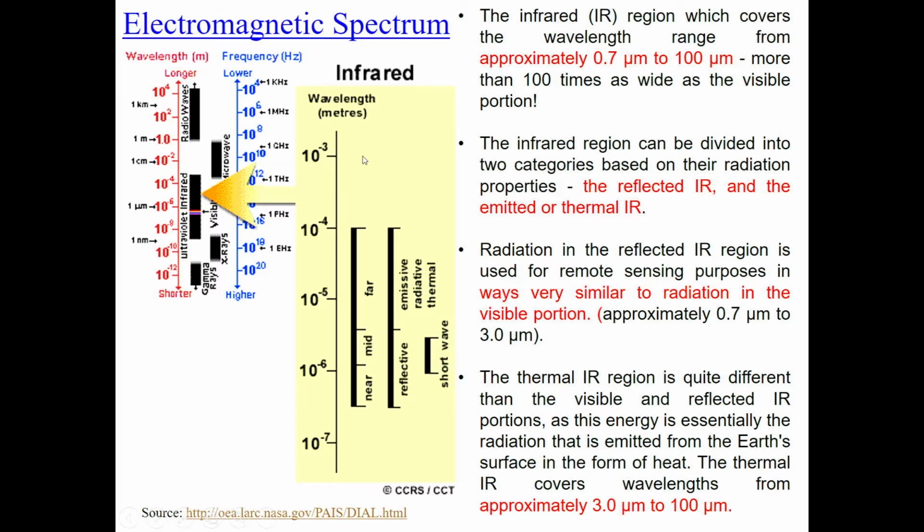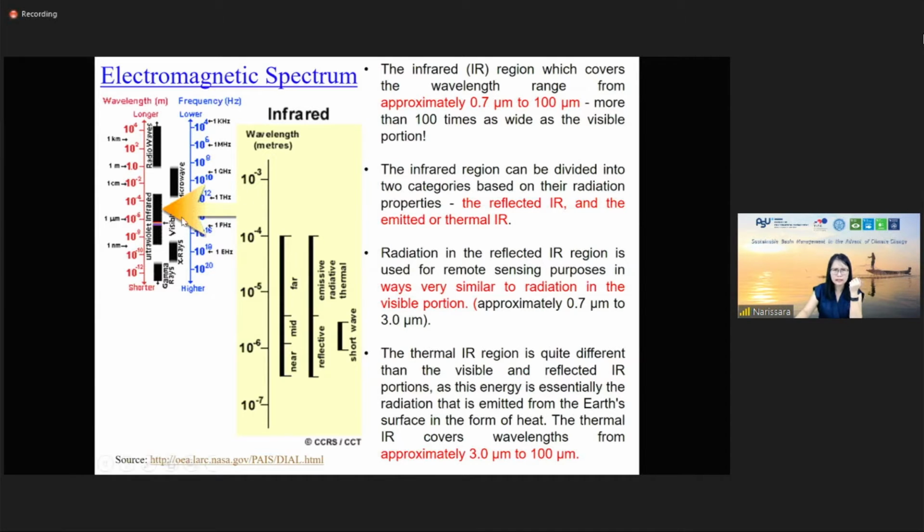And then the next one is called infrared. The infrared wave range is approximately 0.7 micrometer to 100 micrometer.